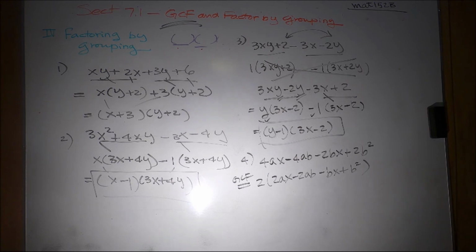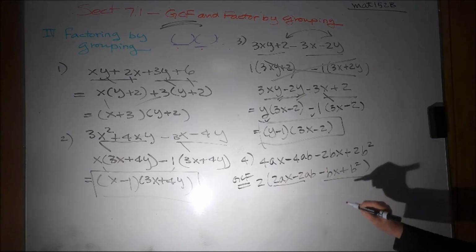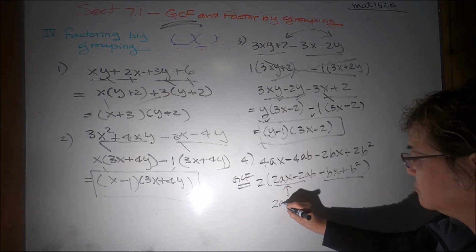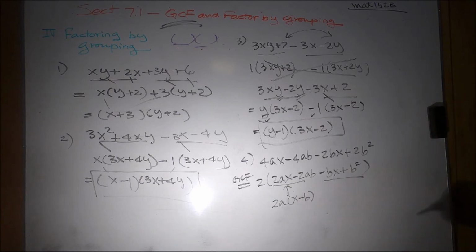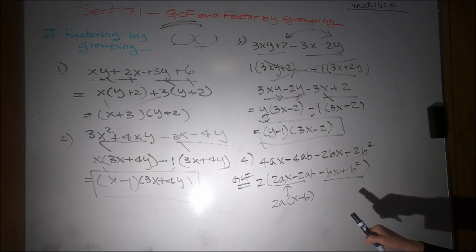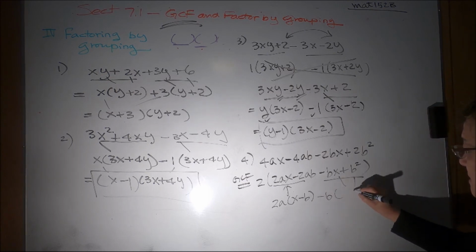Then for 4 terms, try grouping. So for this one, what do we have in common? 2a. So that would be x minus b. For this group, what's in common? B. With negative to start with, so we do minus b. What's left?